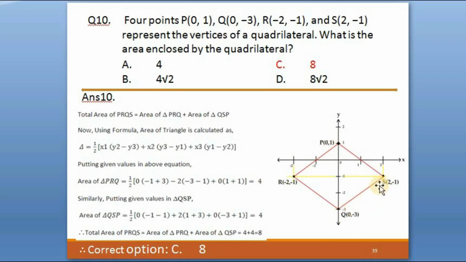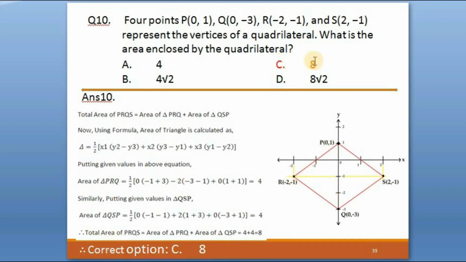If we take one as clockwise and another as anti-clockwise, then naturally their areas will differ. It can be minus 4, and when we add, it can cancel out, okay? So we maintain the same sequence in the two triangles. So the correct option is C, that is 8.